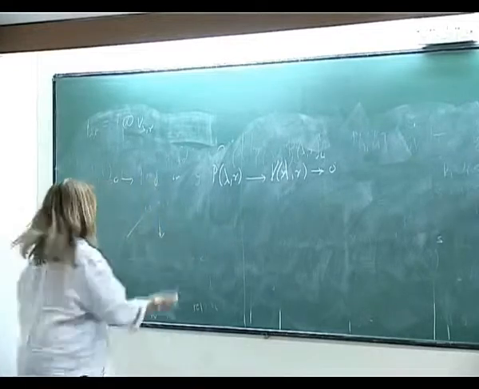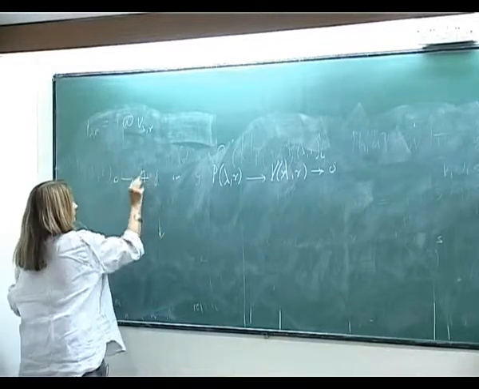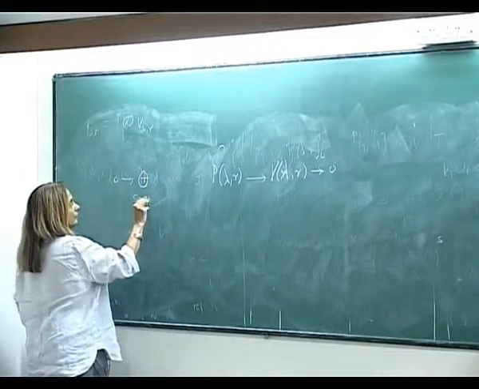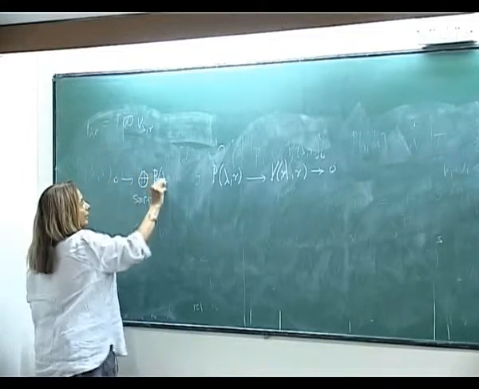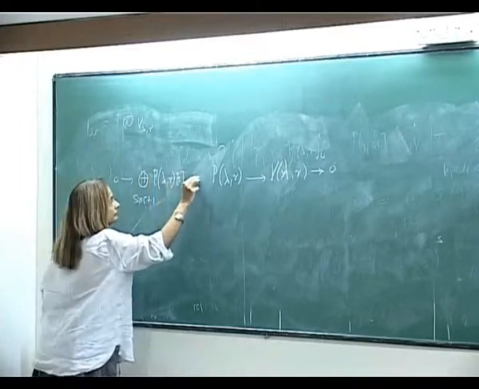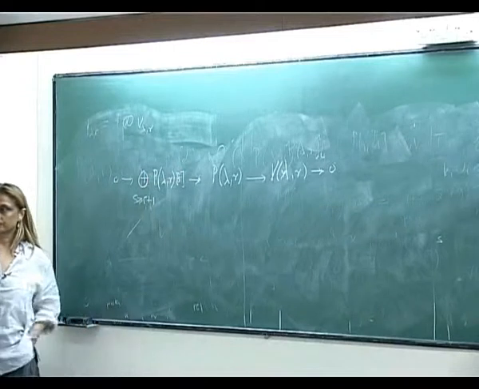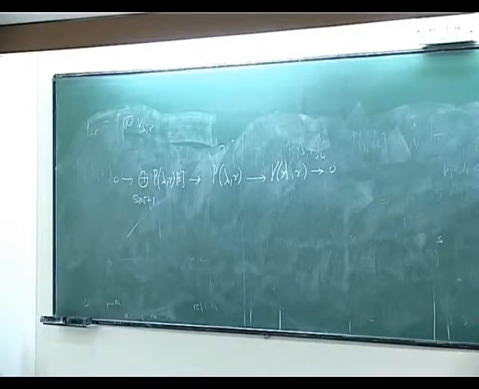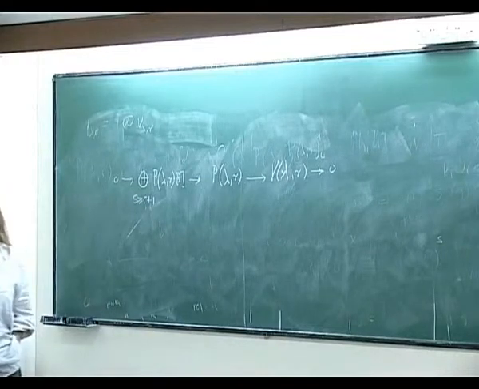So the kernel here is just the direct sum over s greater than or equal to r plus 1 of P lambda r s plus 1 s. Do you agree with that? Because just for grade reasons.